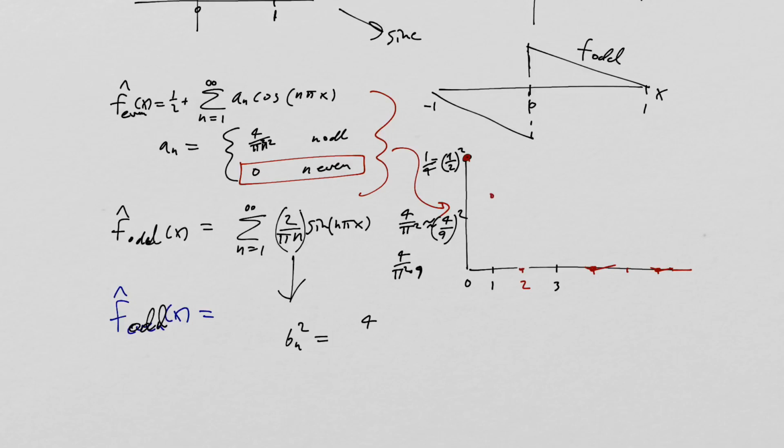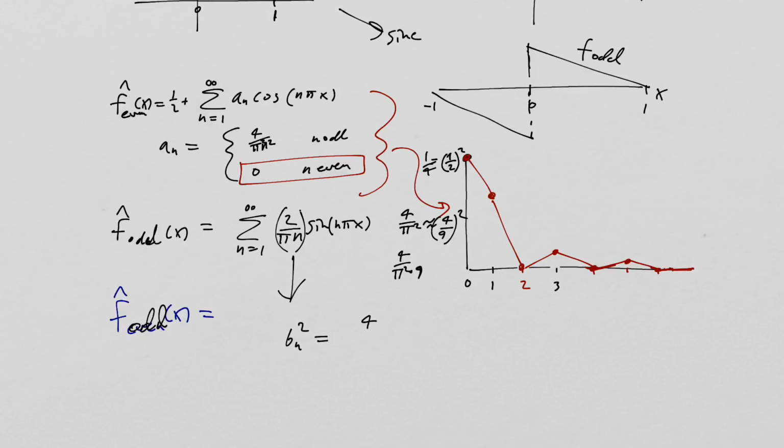I think the reality is, it's going to go like that, and it's going to go rapidly to 0. Still going to do one of these things. It still alternates between 0 and some non-zero number, but it goes like that.